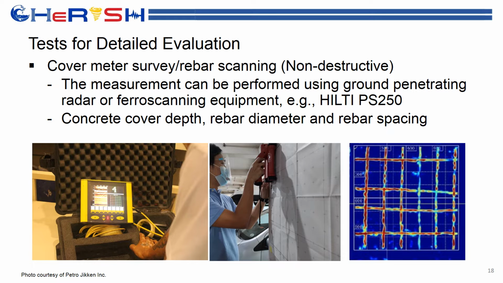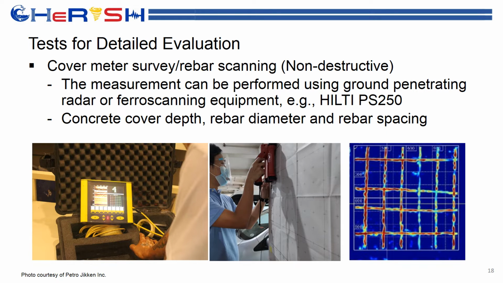Now, as I mentioned, for the case of a reinforced concrete structure, we should be able to identify the number of reinforcing bars, and in particular determine the concrete cover depth, which of course we need for reinforced concrete design. And we do that using rebar scanning techniques.